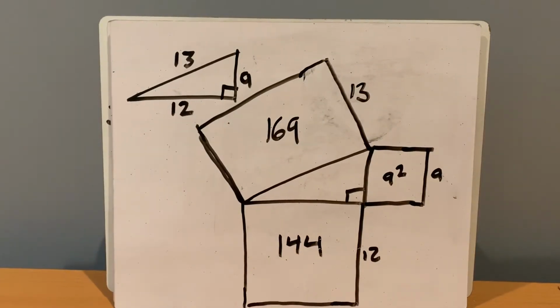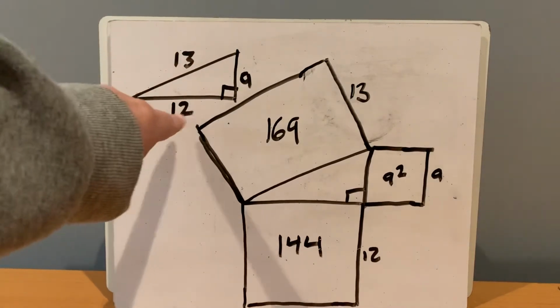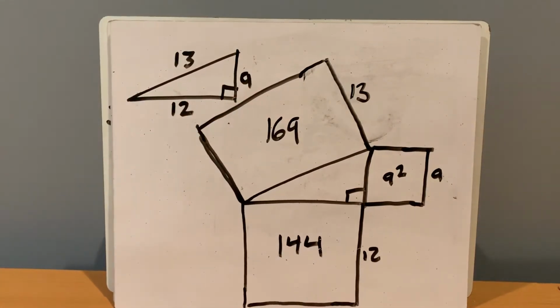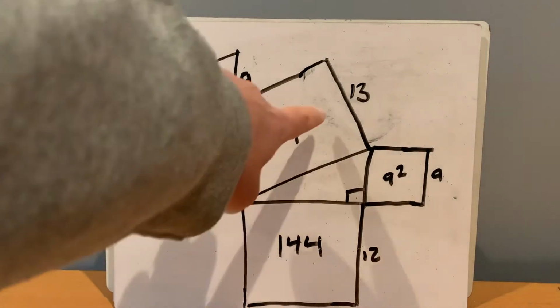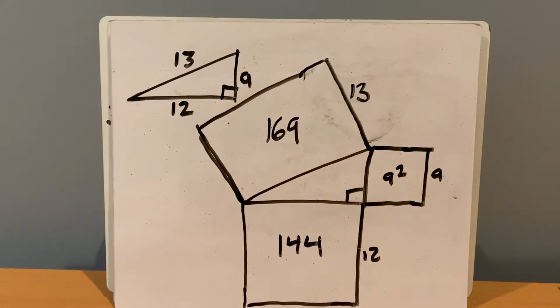Here again, we have a triangle, and we have the hypotenuse in this one. So the dimensions of the triangle are 13, 12, and A. Now we copy the triangle and we draw a square on each side. The area of the largest square is 13 by 13, which is 169.